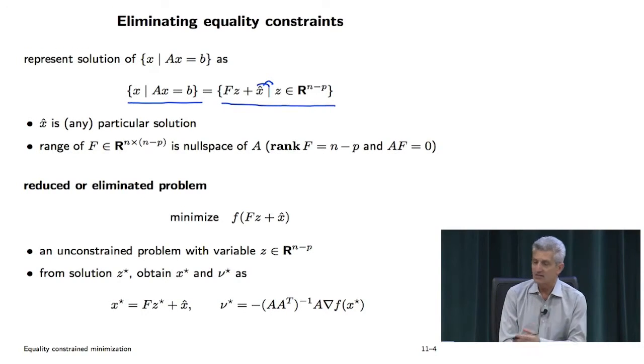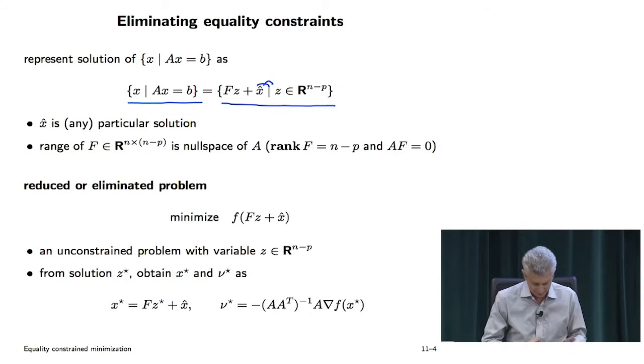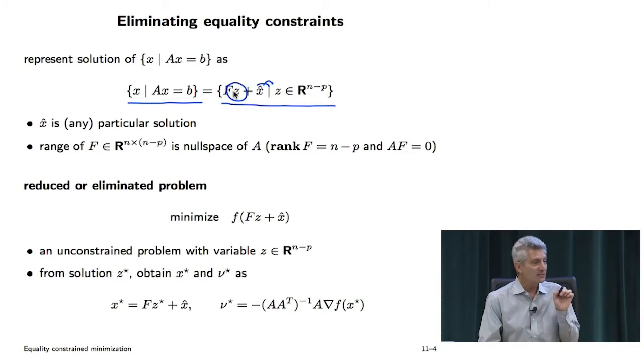That's the 19th century name. Then F is a matrix whose range is exactly the null space of A. There are lots of ways to compute that, just linear algebra, for example a QR factorization.